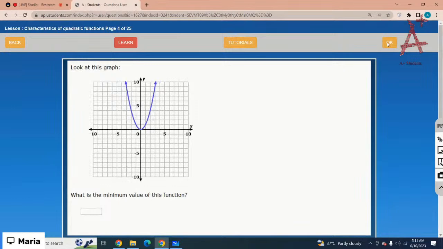Okay, the next one: look at the graph. What is the minimum value of the function? So which is the correct option?